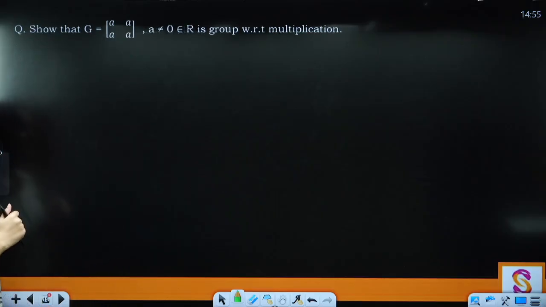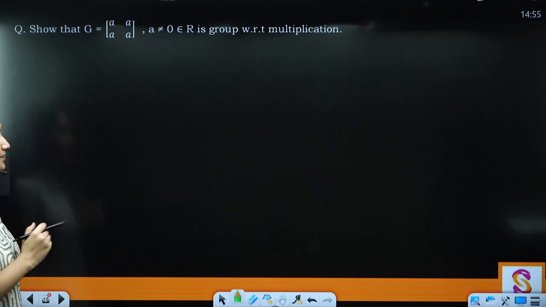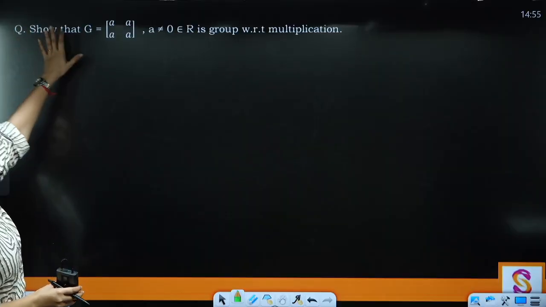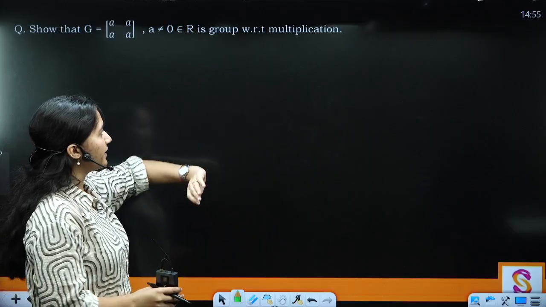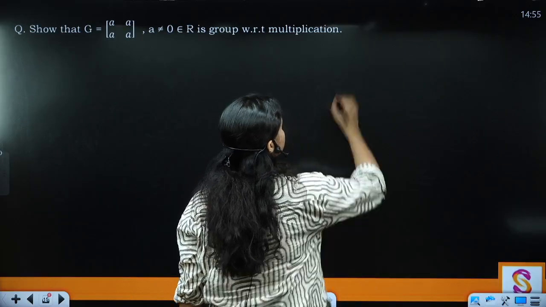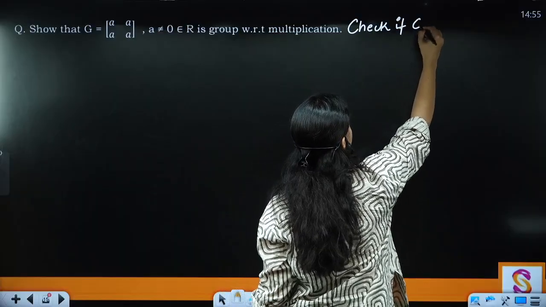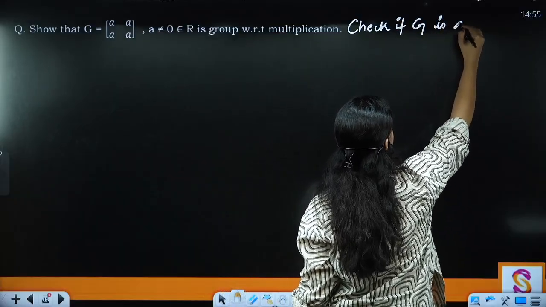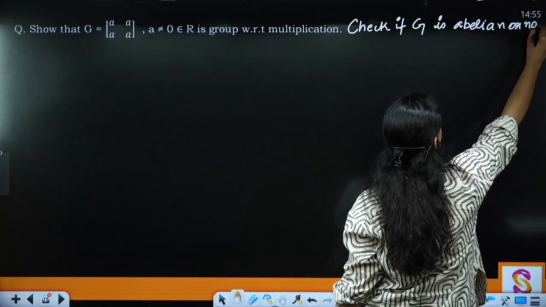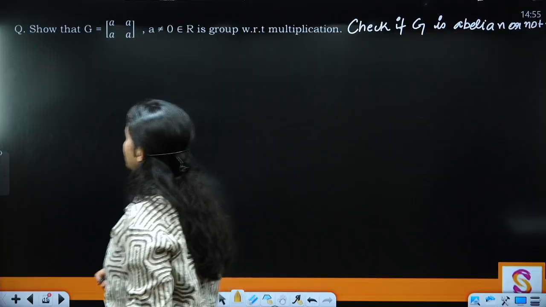Now we have a group that is not a general group, okay? We can take it as a question. So now we are going to solve it and see that G is a group with respect to multiplication, and there is also an addition to this question, that is, check if G is abelian or not, right? Chalo, let's start proving.